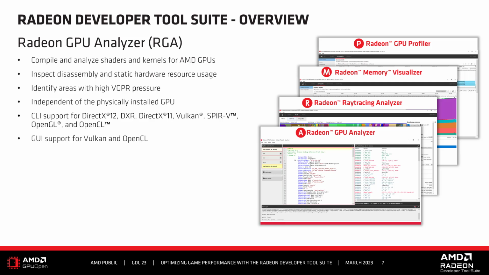All of this can be done independently of the installed GPU, meaning that, for example, you don't have to have the latest RX 7000 series GPU physically installed in your machine in order to analyze shaders and kernels for that architecture. RGA is available as a command line tool which supports several APIs, such as DX12, DXR, Vulkan, and OpenCL. It also has a graphical user interface that supports Vulkan and OpenCL.